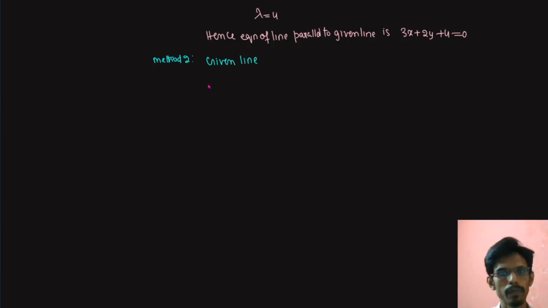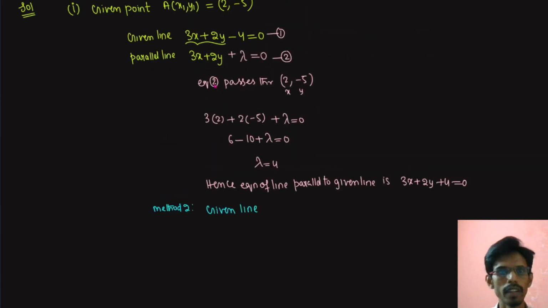The given line is 3x plus 2y minus 4 equals 0, with slope, let us take it as m1, coefficient of x by coefficient of y.